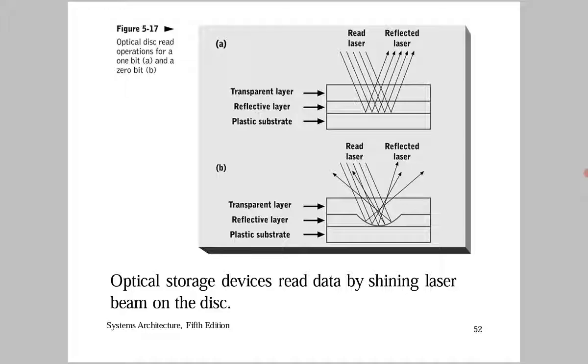In optical storage devices, for CDs and DVDs, we use laser beams to record or write data or information on the surface of the medium, the surface of the material of the CDs and DVDs.